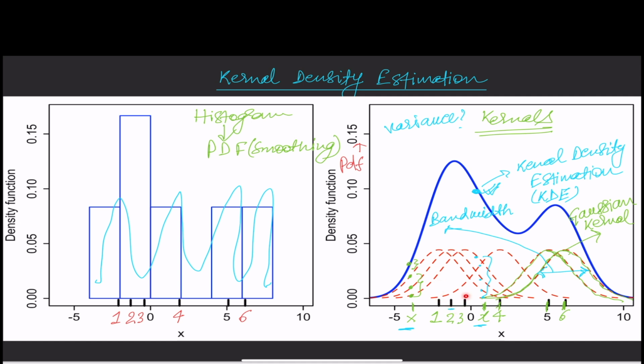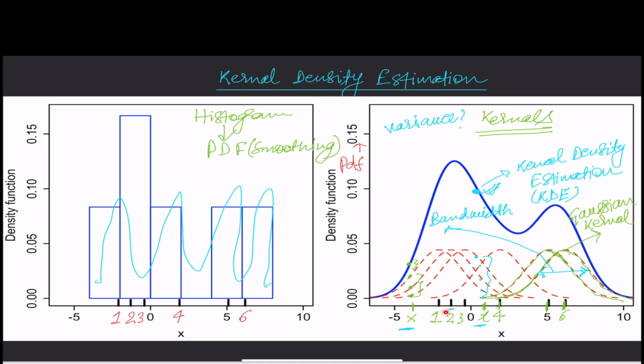Since these 2 points are in the proximity of this point here, I find a very high value of my Gaussian kernels here. Now all 3 of them will add up to create a very, very large value.